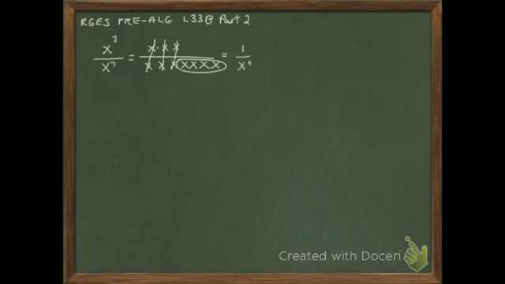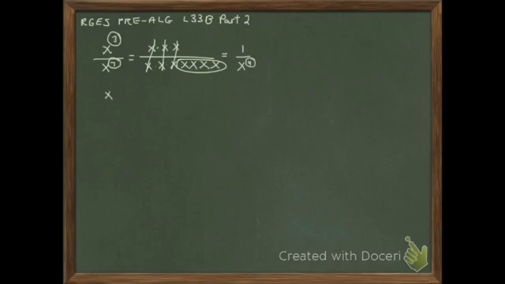Now I could just write it out each time and do that, but that's a little bit lengthy. So hopefully you picture that in your head. You're saying, okay, I have 3 in the top, I have 7 in the bottom, so I have more in the bottom. How many more? 4 more. So I can make this simpler.